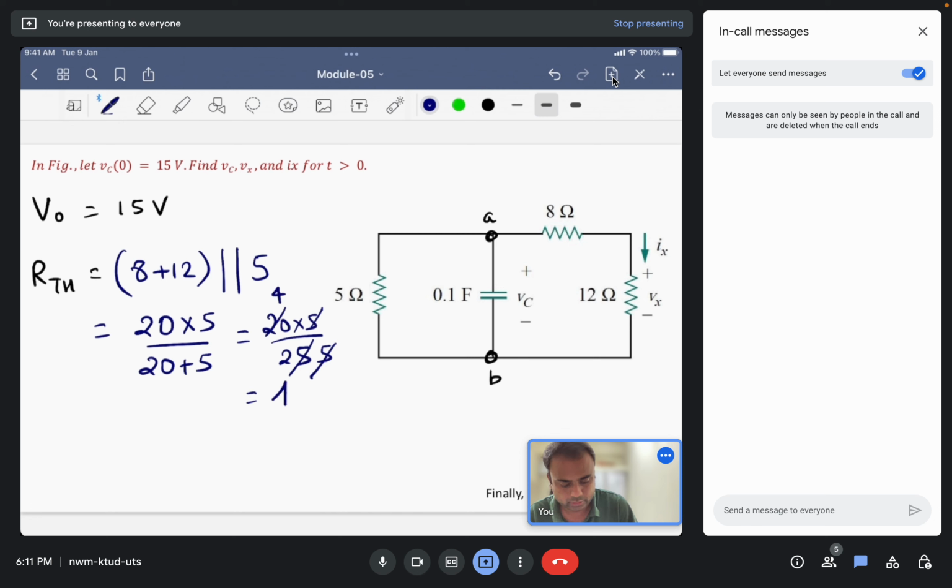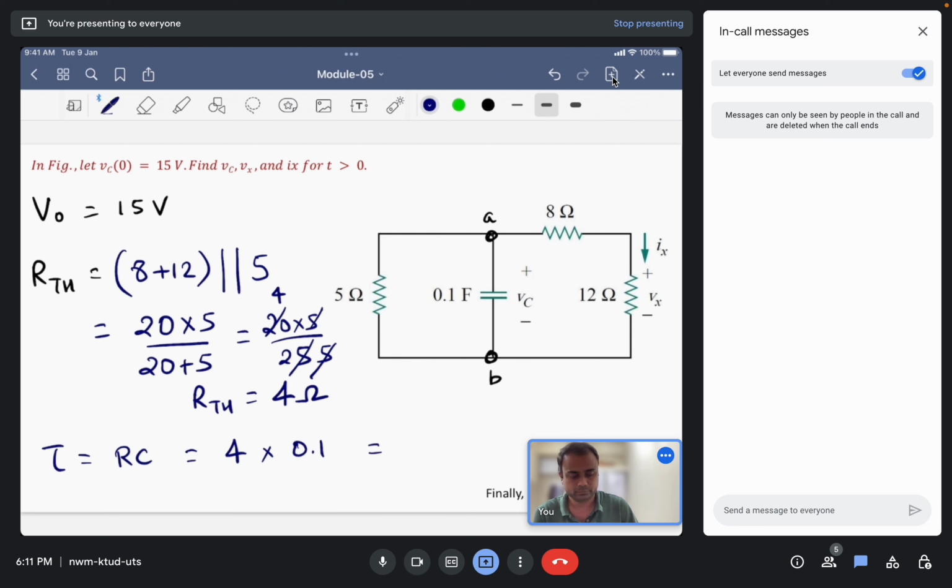So the equivalent resistance RTH we are getting is 4 ohms, and we know that time constant tau is given by RC. The resistance R here is 4 ohm and the capacitance is already given as 0.1 farad.